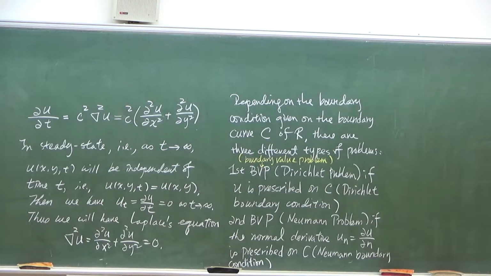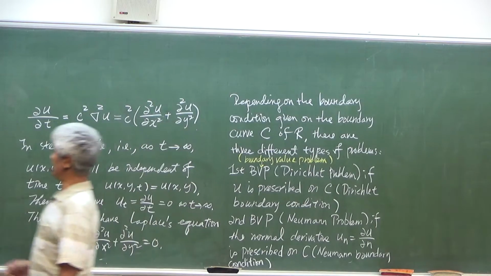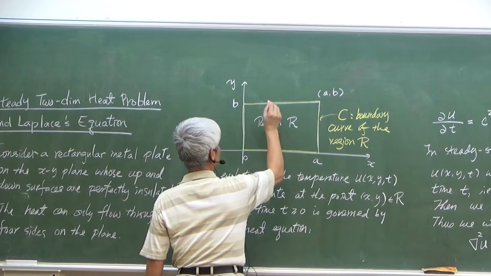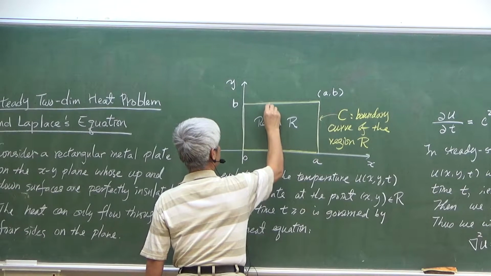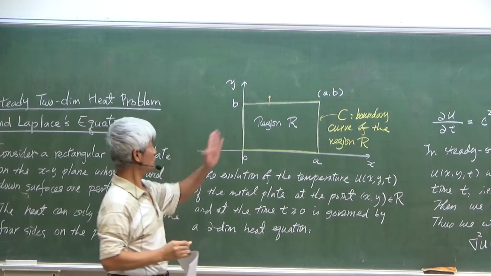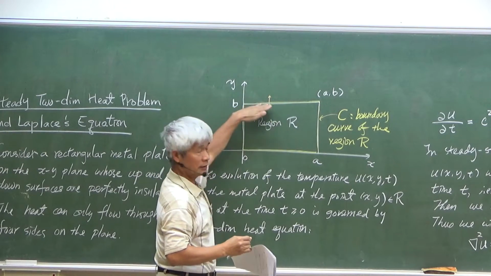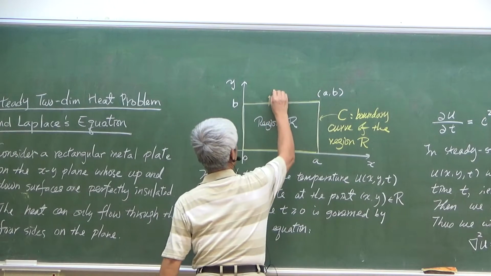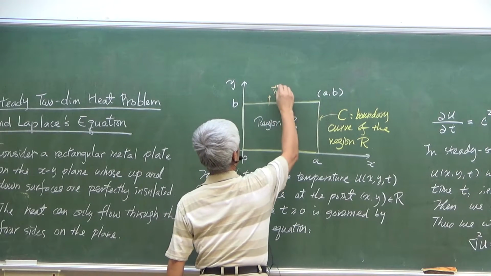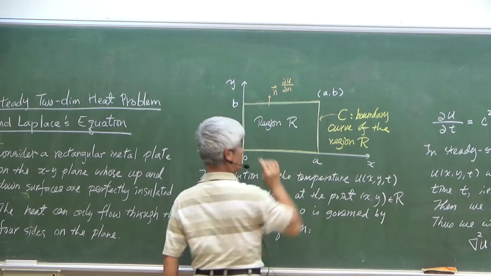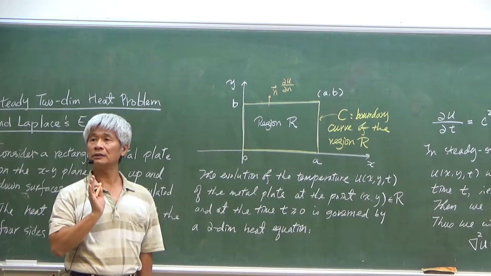Okay. The normal derivative means that at each point of the boundary, all right, we consider a vector, a direction normal to the curve at this point. Okay, so this is called n, right? And so we have the directional derivative.